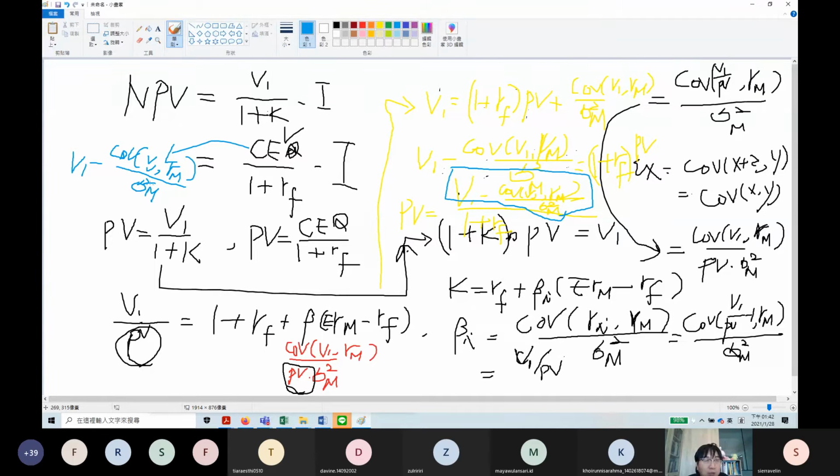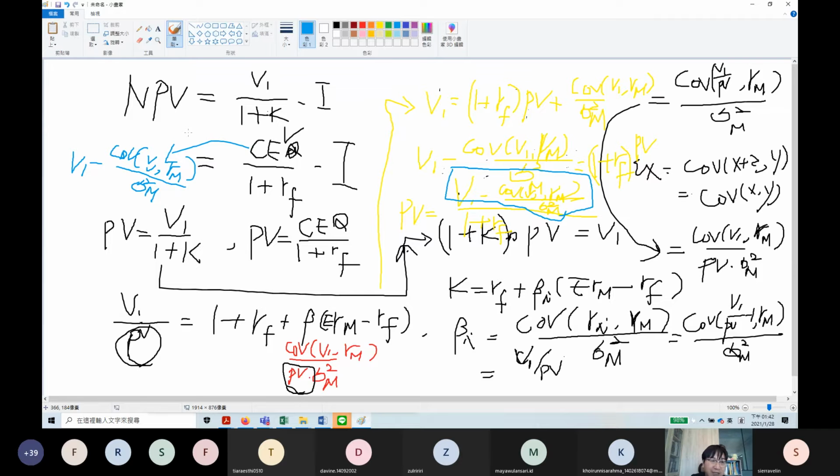Why do we use this model to price? There is one advantage. We don't need others. We just know the risk-free rate RF. We don't need to get the risk premium from a complicated model.